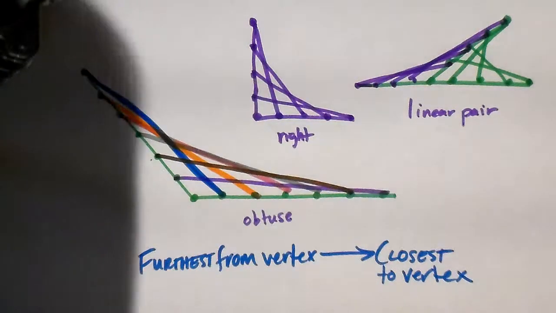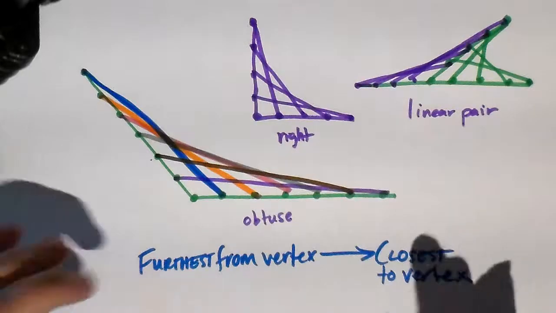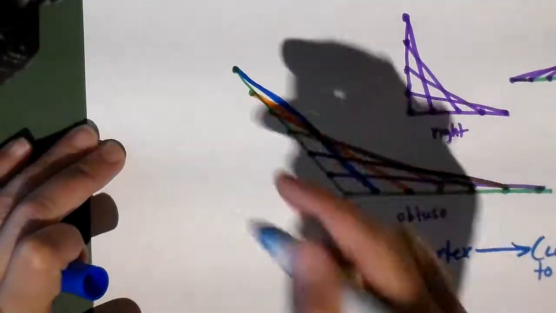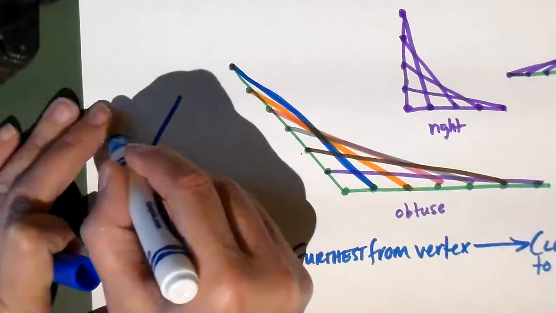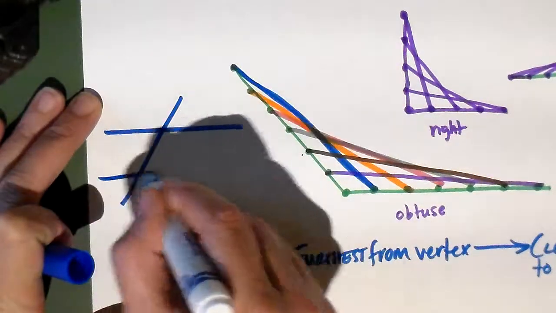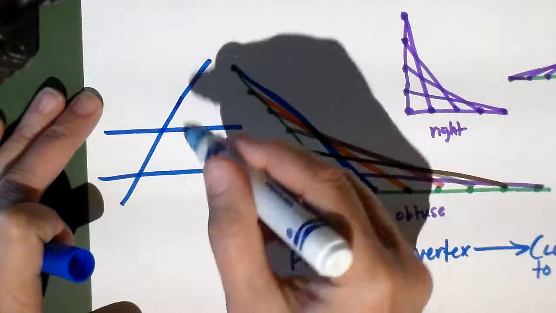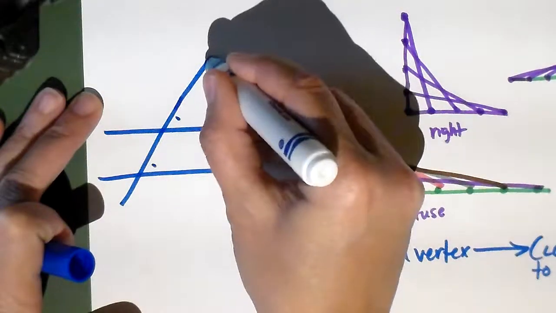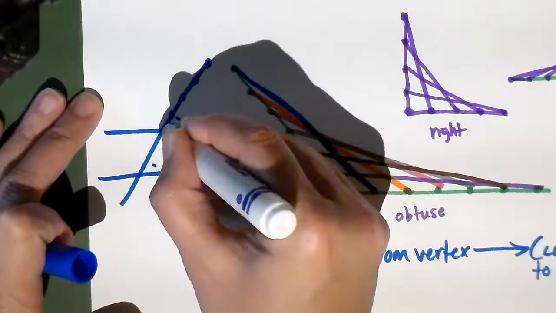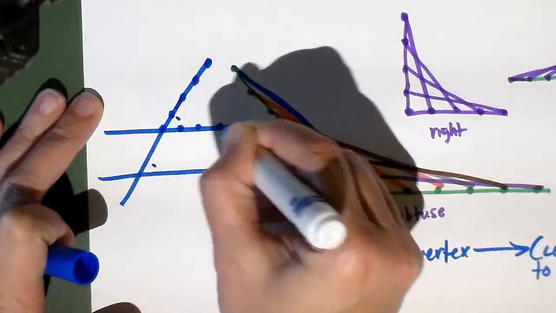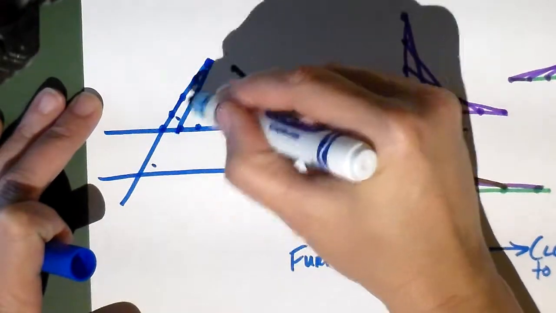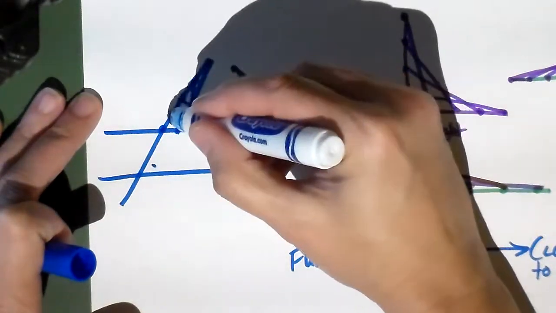Now when you're looking at your parallel lines, you've got corresponding angles and all that good stuff. You could do something like this. If you've got a pair of corresponding angles, that would be here and here, say. I'm going to do 1, 2, 3, 4. Keep them the same distance. 1, 2, 3, 4. And I'm going to do 1, 2, 3, 4.